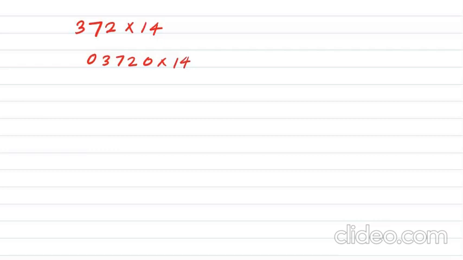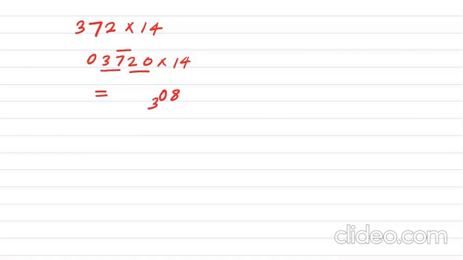These zeros are added zeros. They are not part of this 372. So 2 into 4 plus 0, 8. 7 into 4 is 28 plus 2, 30. So it means I will write 0. The 3 will be the carryover term.